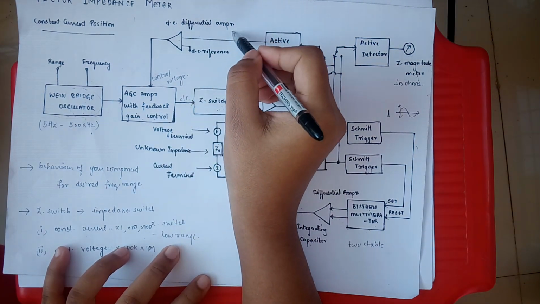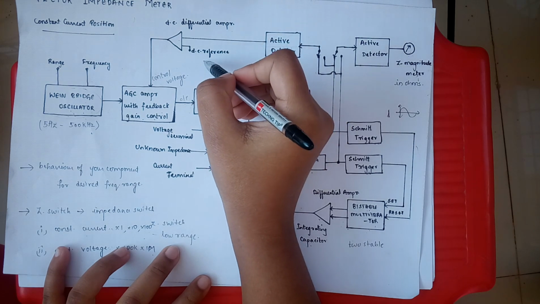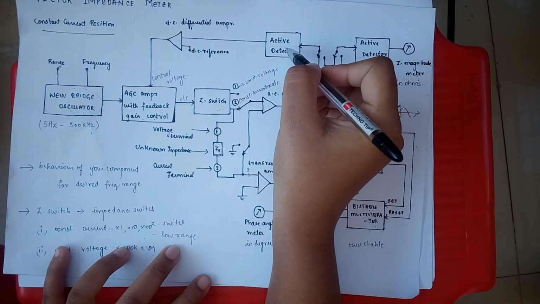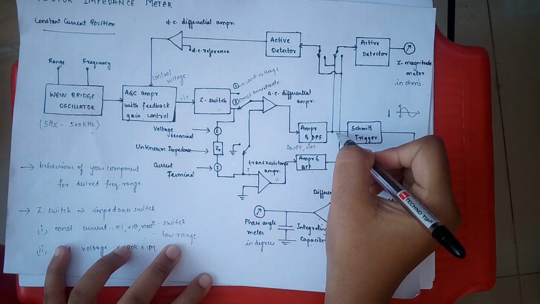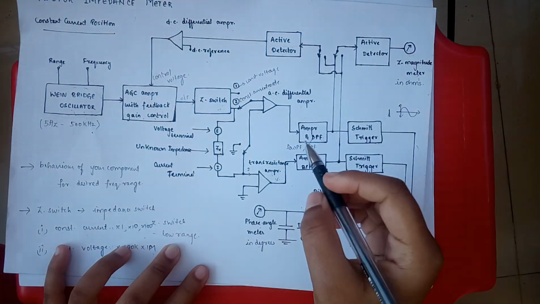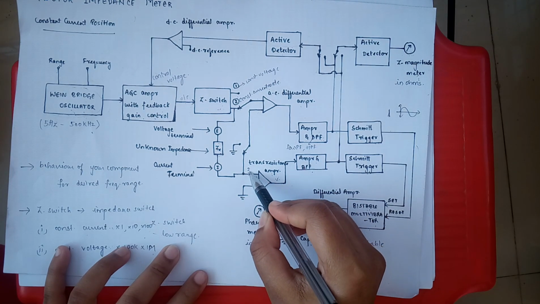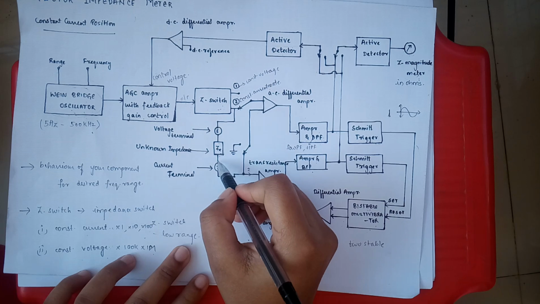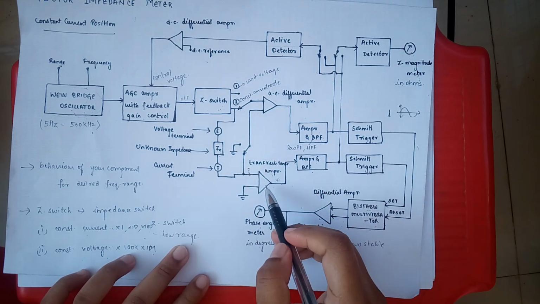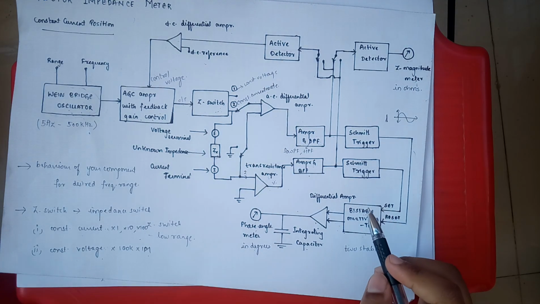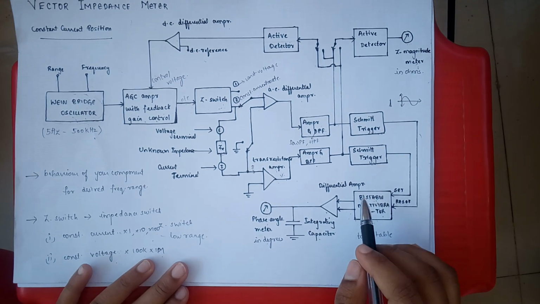Here again you have a DC differential amplifier, one input comes from the signal here, and then you have a DC reference voltage as per your wish. So basically the current over here is maintained constant using the trans resistance amplifier. The current across this is maintained constant using a trans resistance amplifier in feedback.